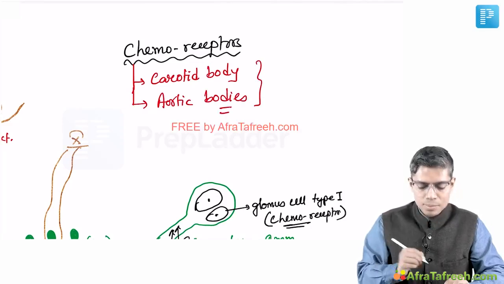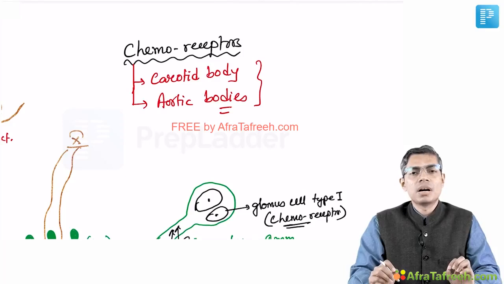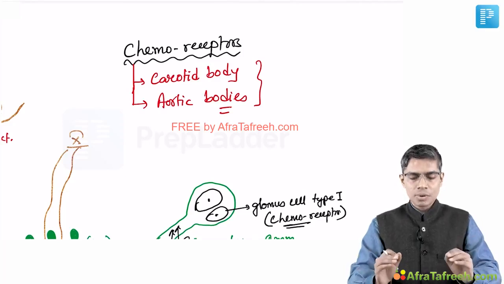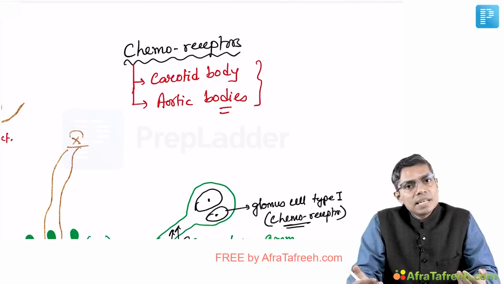So inside the carotid bodies and aortic bodies, these chemoreceptors are located. Now, chemoreceptor means that it will be stimulated by chemicals.